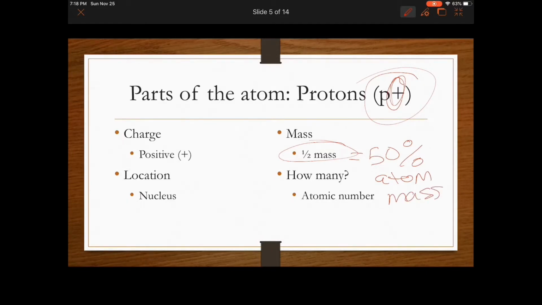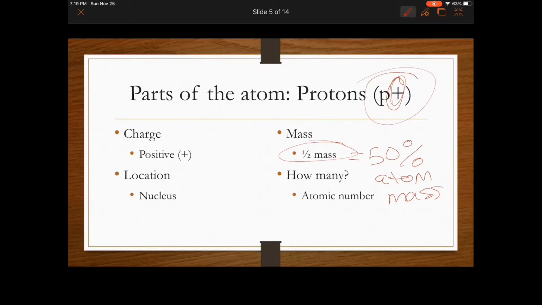Okay, and a way to figure out how many protons are in each atom is looking at the atomic number. So if you're taking a look at the periodic table that I've provided you or one you found online, typically the atomic number is going to be in the top of the box of any of the elements that you're looking at, and it's going to be bolded.